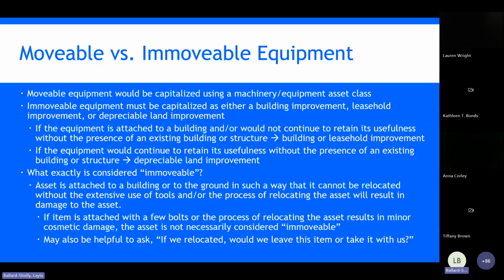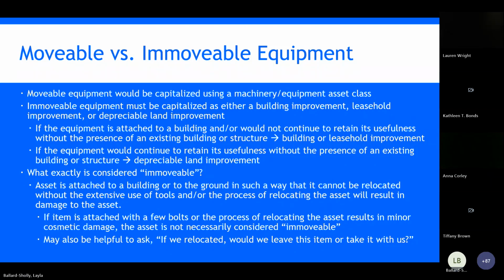If the equipment is attached to a building and or would not continue to retain its usefulness without the presence of the building or structure, then you would do the building or leasehold improvement. And the distinction between those two is if you own the building or if you're leasing it. And if the equipment can retain its usefulness without a building, it would be a depreciable land improvement.